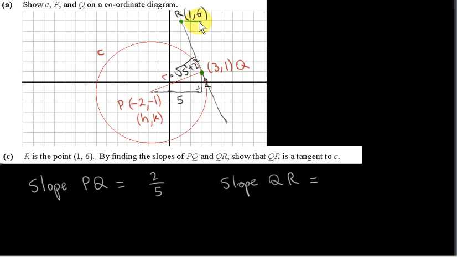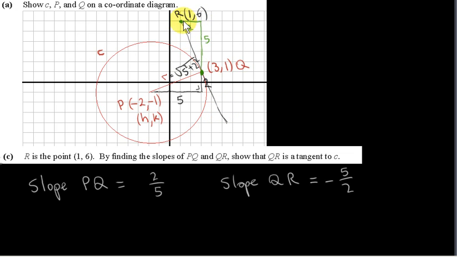Go across 2 units. You see that we have to go down 5 units to meet the line. So this distance here is 2 and the distance down is 5. So the slope of this line is rise over run, 5 over 2. But of course, since we're going down, the slope is negative. This line has a negative slope.